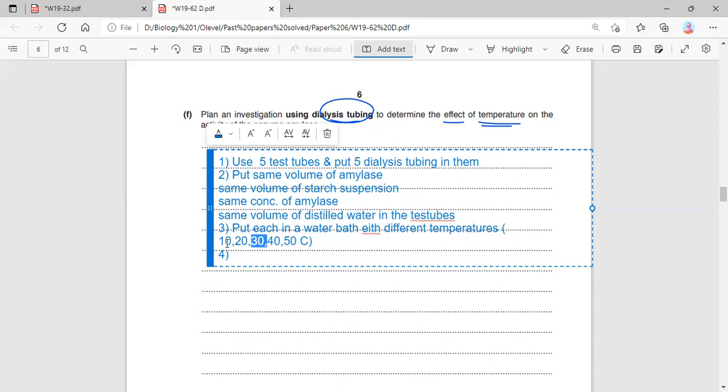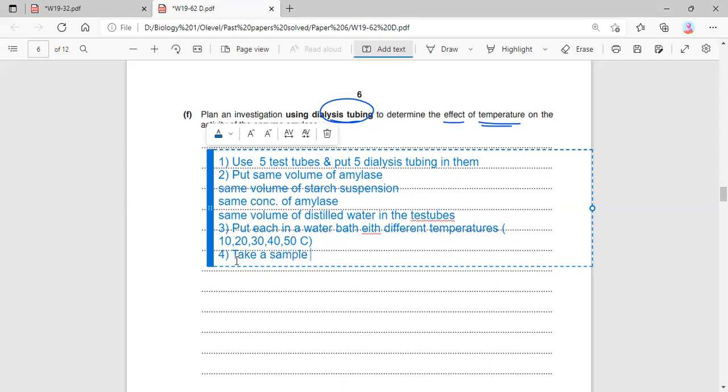While at low temperatures and very high temperature, the enzyme denatures. So if you keep doing the iodine test, it will always be positive. Starch is always there, it is not digested. So how will I write this?